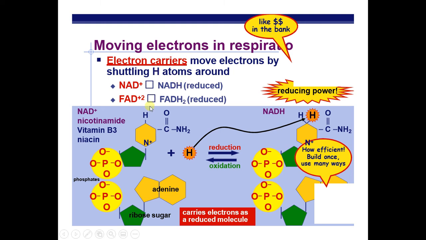So these have high potential energy, a lot of stored energy, and these have low potential energy. Here are two pictures, for example, of NAD+ and how it stores energy in electrons by adding this hydrogen atom right here. No hydrogen atom there, hydrogen atom there. You don't have to be able to replicate this drawing. I just thought I could include it as a more pictorial way of representing what we're talking about.